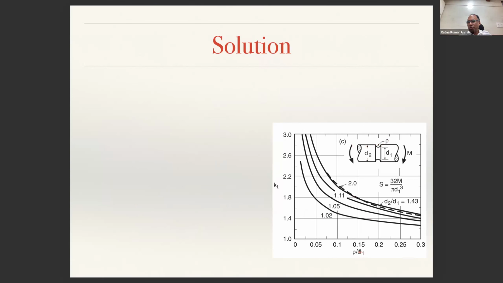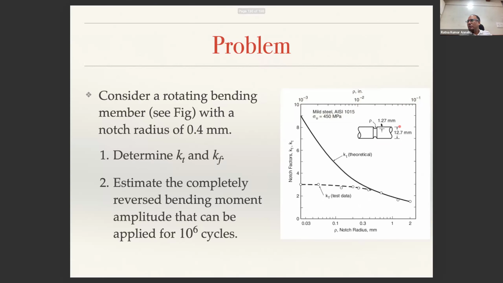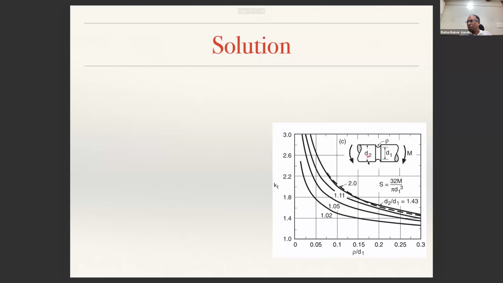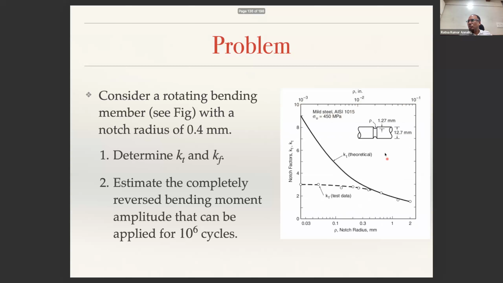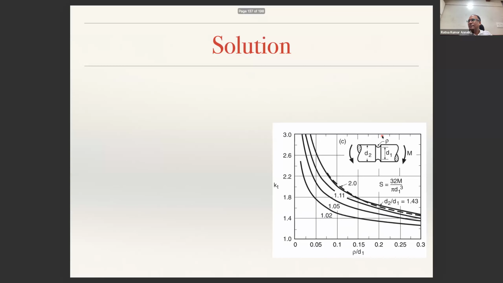So what is D1 in the previous case? If you look at this, the outer diameter is D2 and this is D1. So 1.27 times 2 is 2.54, and 12.7 minus 2.54 will be your small d1.